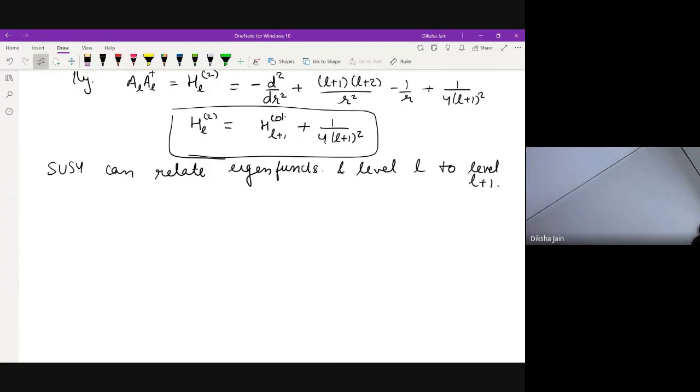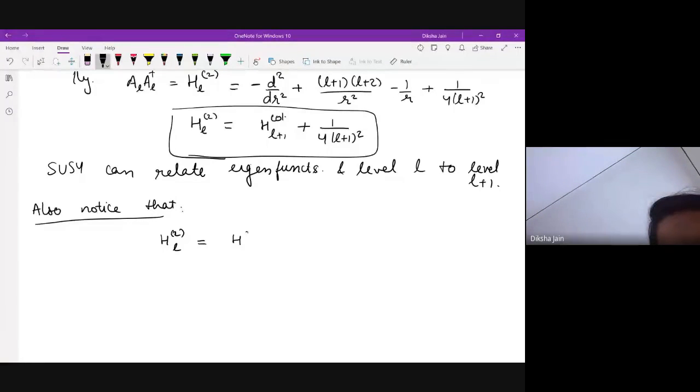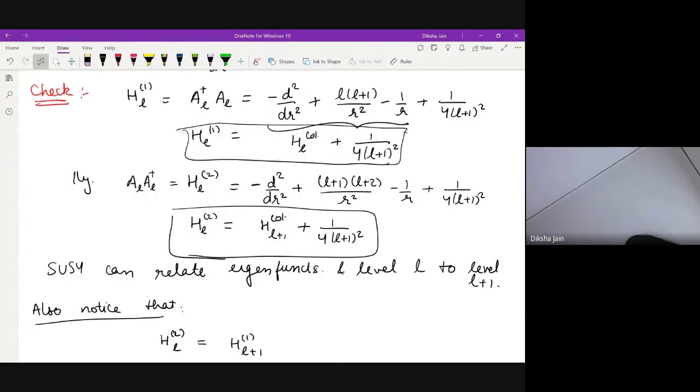Okay. You can also note that H1 and H2 are also related to each other. So H2 of L is the same as H1 at L plus 1. So I can substitute H Coulomb to be H1 at L plus 1 minus 1 by 4 L plus 2 whole square, no, here.